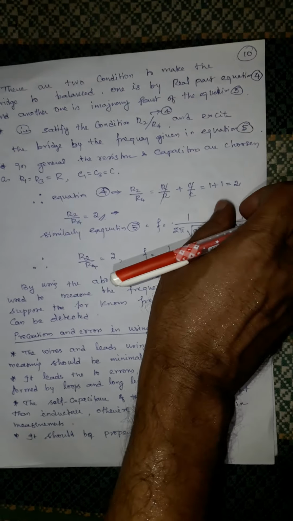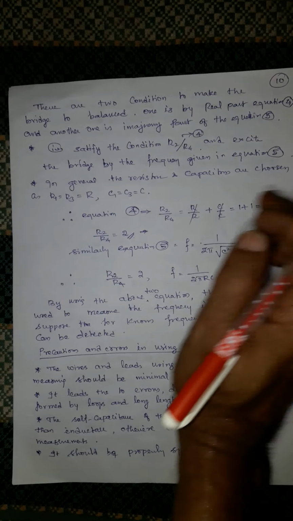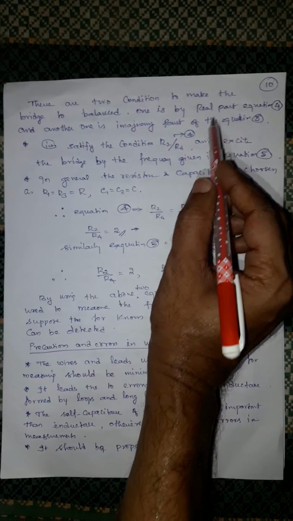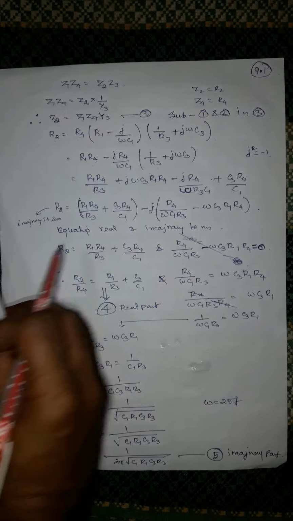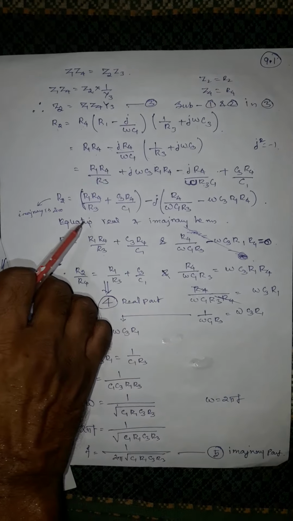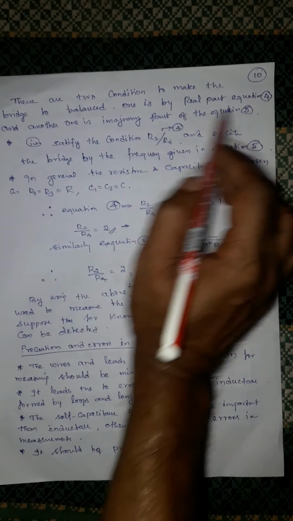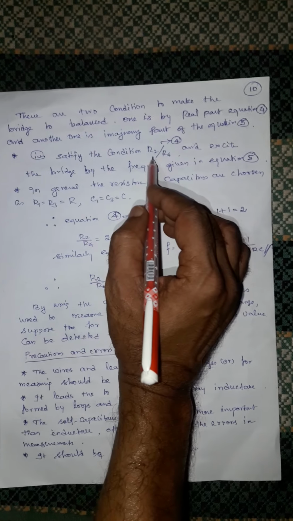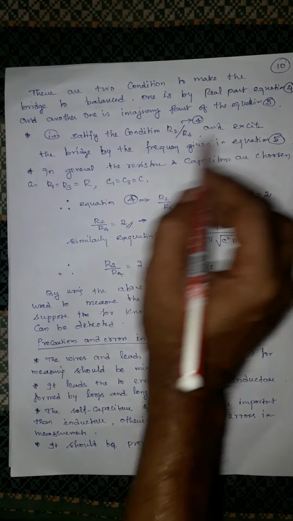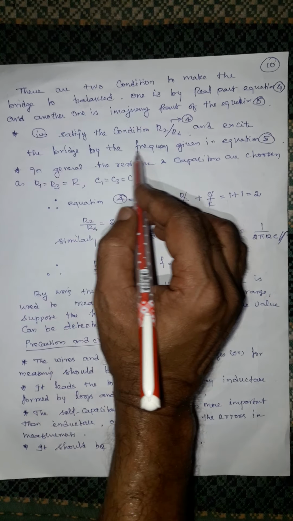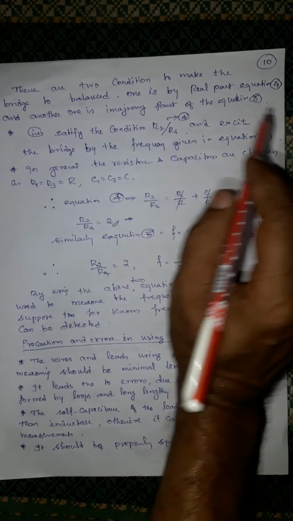Then there are two conditions to make the bridge balanced. One is from the real part, and the other is from the imaginary part of the equation 5. Satisfy the condition for R2 divided by R4 and excite the bridge by the frequency given in the equation.